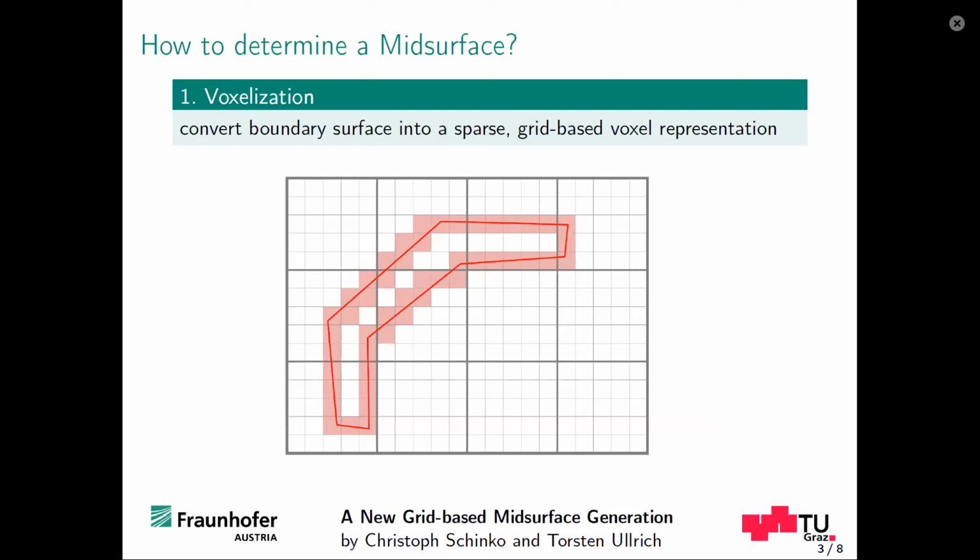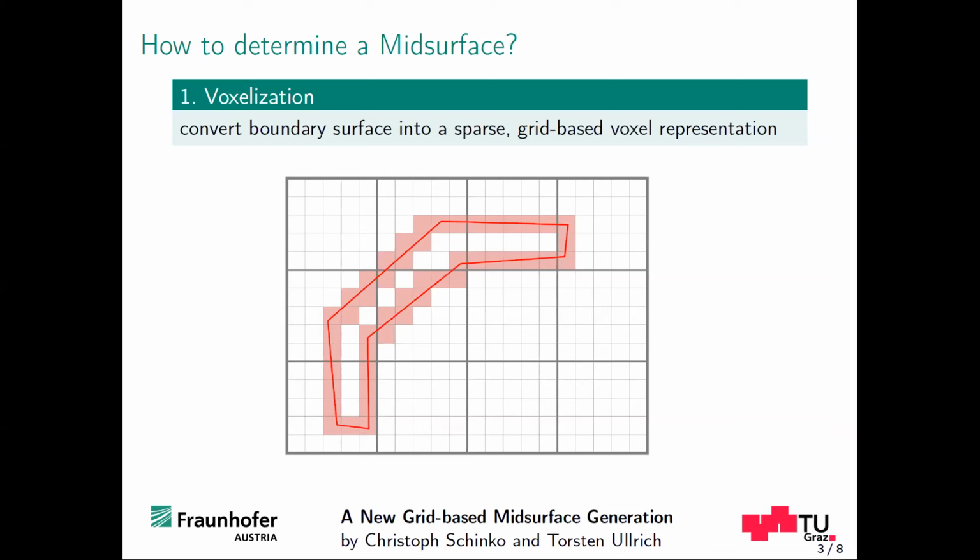So now let me guide you through our 4-step pipeline. Our algorithm takes a triangle mesh and 2 additional parameters as input. The parameters define the smallest and the greatest distance between 2 opposite surfaces that should be merged together.